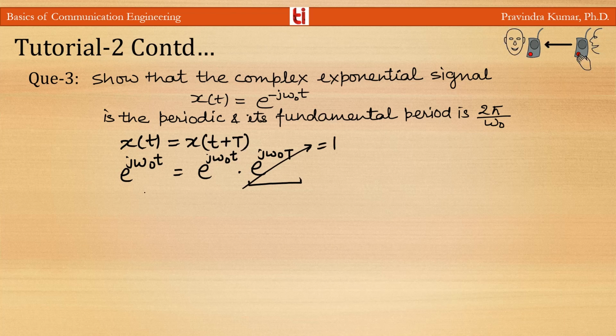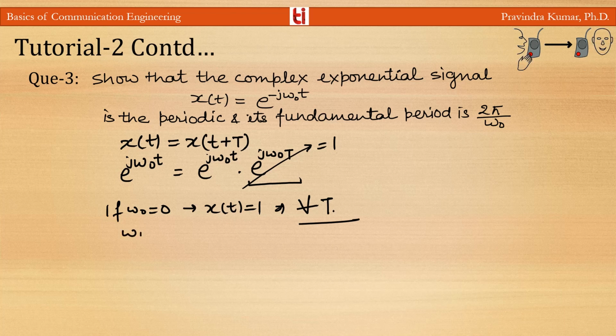If ω₀ is 0, this means x(t) is 1, which is periodic for any value of T. So for any value of T, this is a periodic signal.